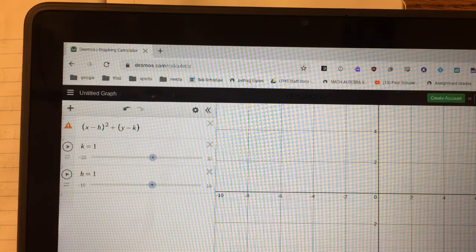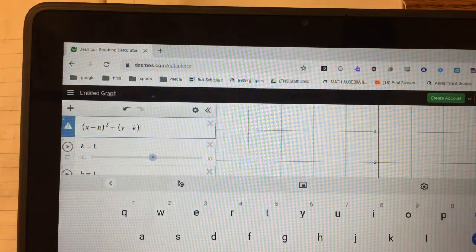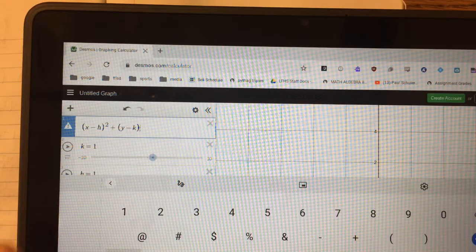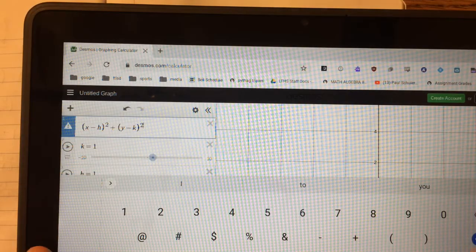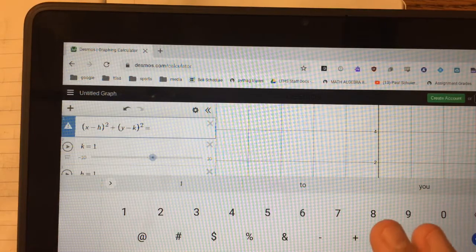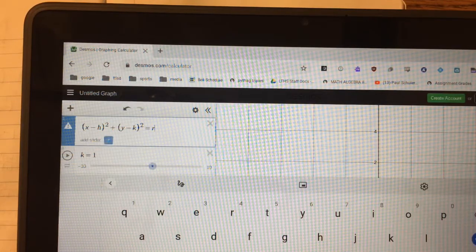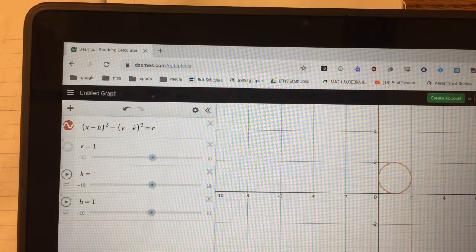You don't have to retype the equation or anything. We can just change those values as we need to. So we want that to be squared. Oh, not to the w. Okay. Equals r squared. So r will want a slider as well.